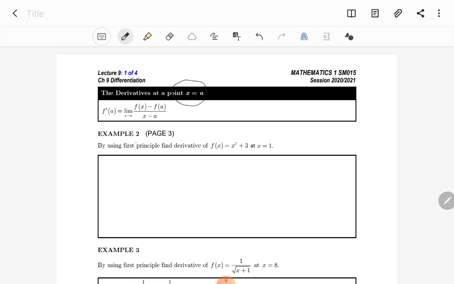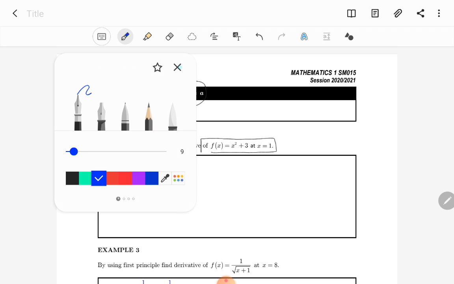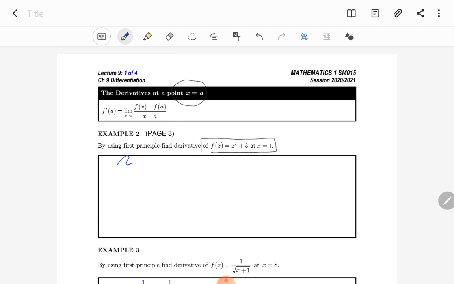Okay, example 2 on page 3. By using first principle, find the derivative of f(x) at x equals 1. Okay. So for this case, we have f'(1) equals the limit as x approaches a, which for this case is x approaches 1.